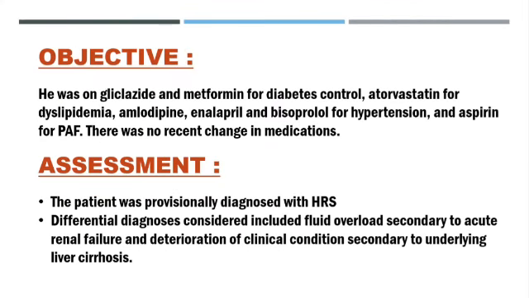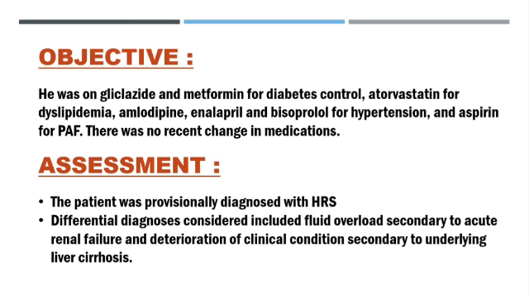The objective usually includes the vital signs, physical findings, and the drugs which the patient took in his past. He used gliclazide and metformin for his diabetes control, dyslipidemia, and enalapril for hypertension, and aspirin for PAF. There was no recent change in medication.